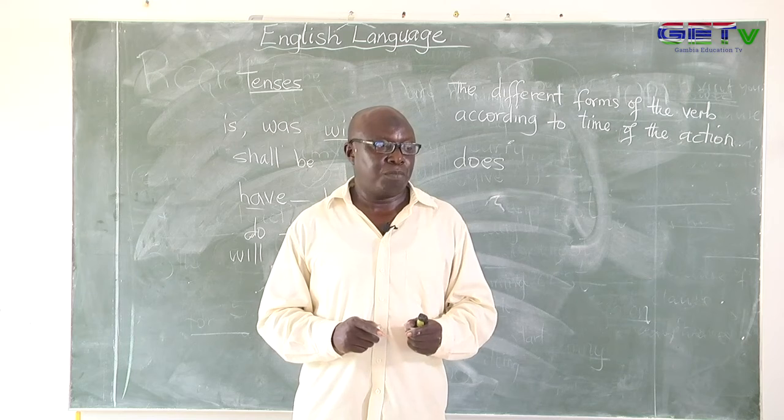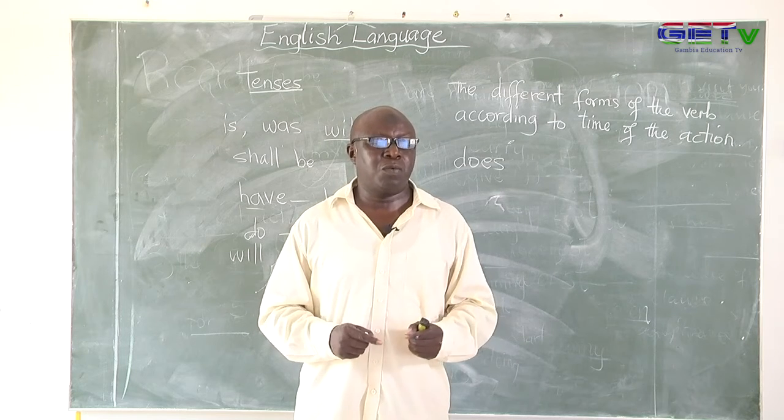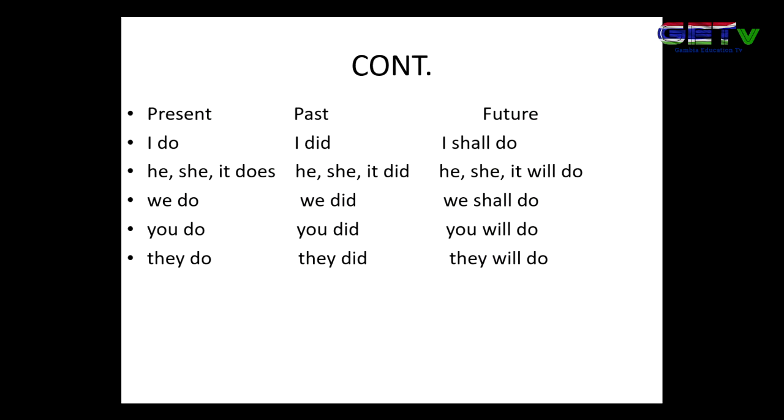So present, for example, every day we say we do. Past tense, for example yesterday, we did. Tomorrow we shall do, that is in the future. You do. Past, you did. Future, you will do.